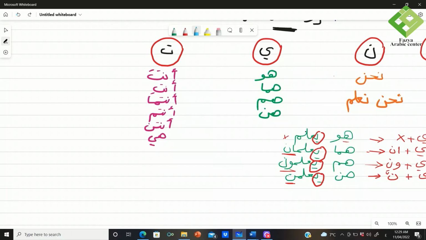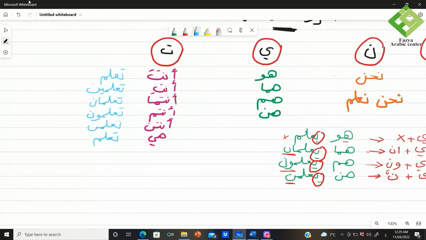Anta ta'lamu, anti ta'lamin, antuma ta'laman, antum ta'lamun, أنتن تعلمن, هي تعلم.